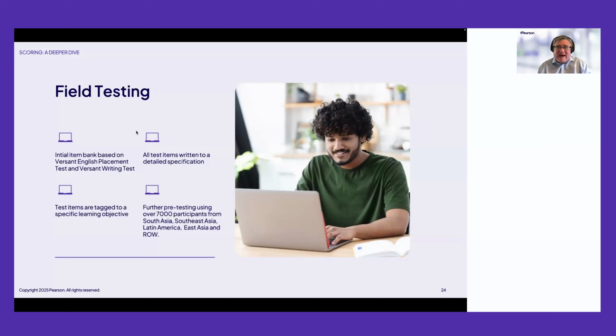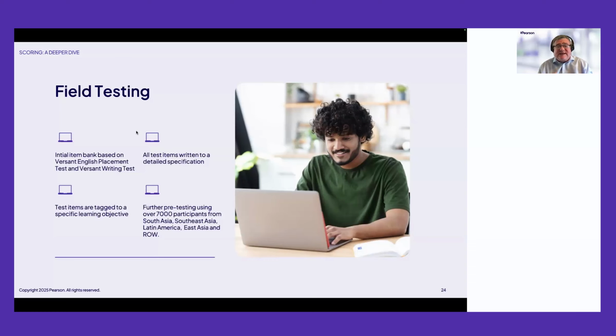So it's a much more accurate representation of the actual difficulty of the item by using this pre-testing. And also, a machine will say, oh, it's this level, but how do you know? We have to test using the test population.